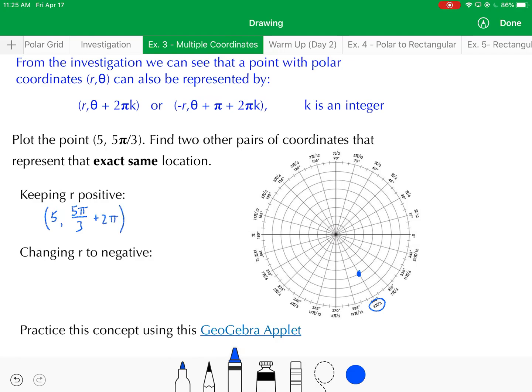Think from where that point's located right now, if I add 2 pi, it's just going to rotate me back to the same terminal side, right? And I'd end up in the same location. So that would now be expressed as 5 pi over 3 plus 6 pi over 3, which would be 11 pi over 3.